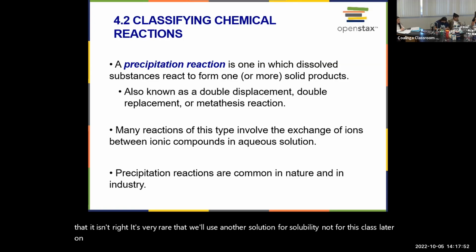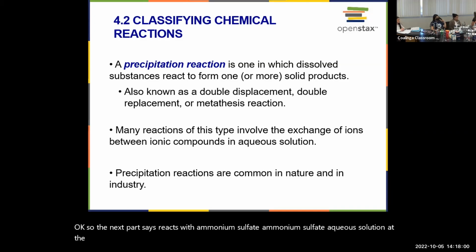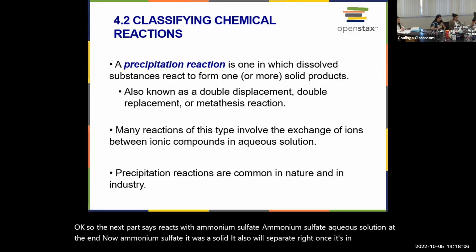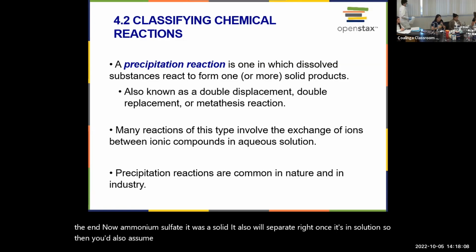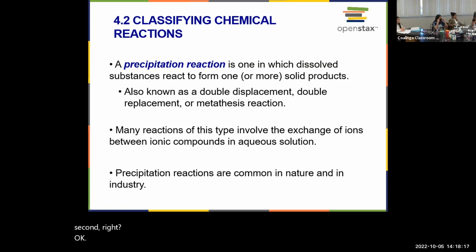Okay, so the next part says reacts with ammonium sulfate solution. Now, ammonium sulfate, if it was a solid, it also will separate once it's in solution. So then you'd also assume that it's going to separate naturally too. And I'll show you that here in a second. Also, it deals with solubility. So here again, aqueous.